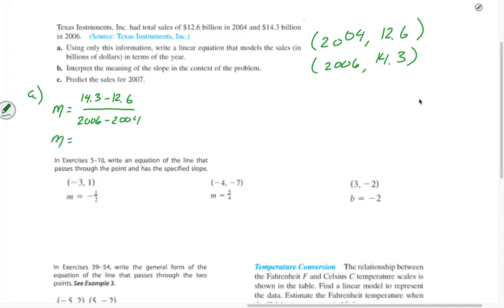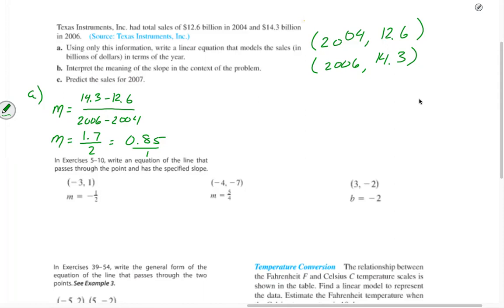This gives me 1.7 over 2 years, or in other words, 0.85 over 1. Now, there's a reason I wrote it like that.